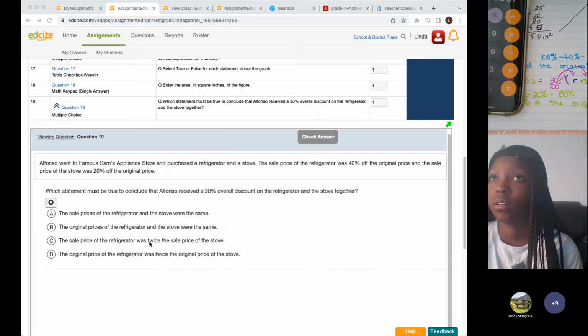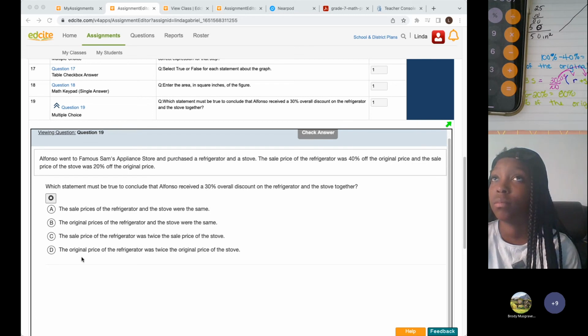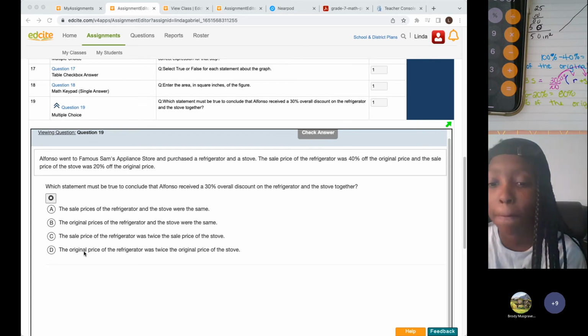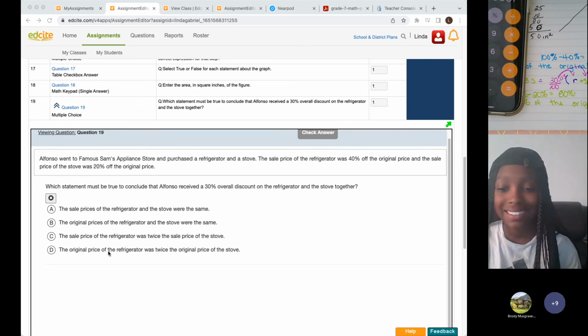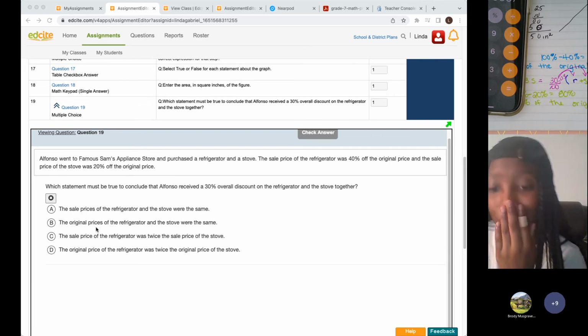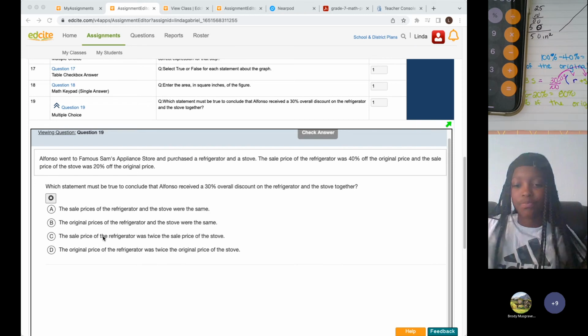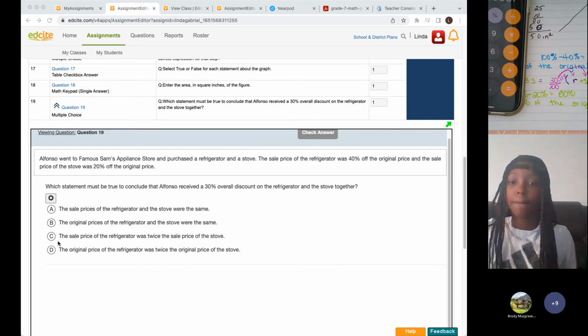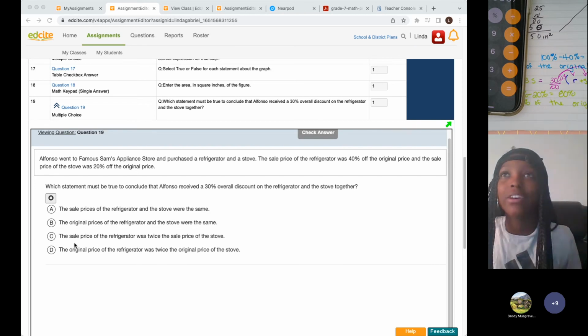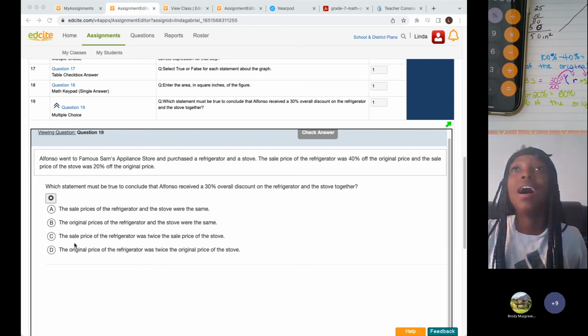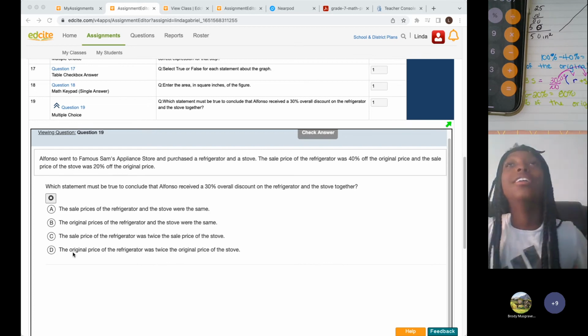So the stove is actually more expensive than the refrigerator. We know that these aren't the same.